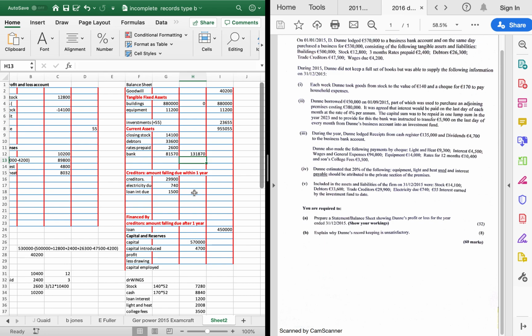Our liabilities, there are 3 of them. And we take them away. Get our working capital, which we'll add on to our fixed assets, and that gives us 1054785.